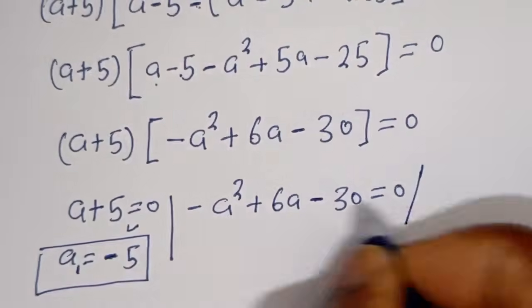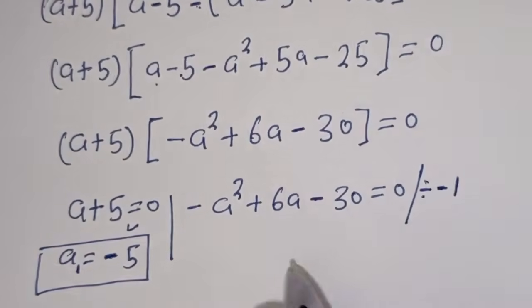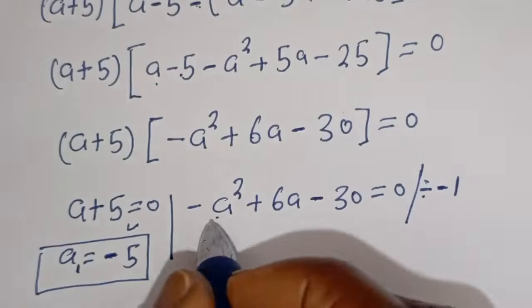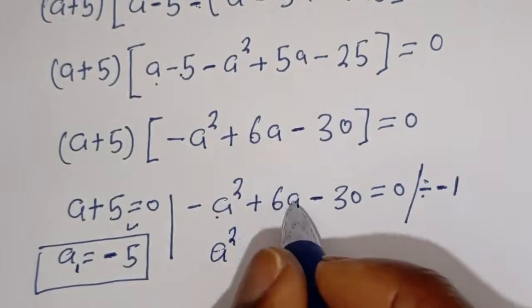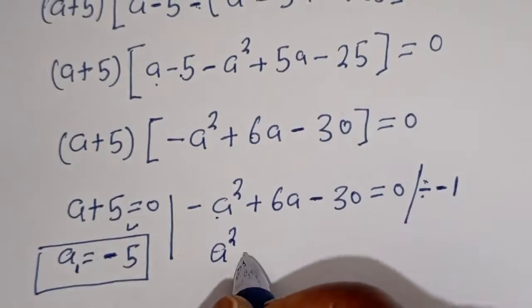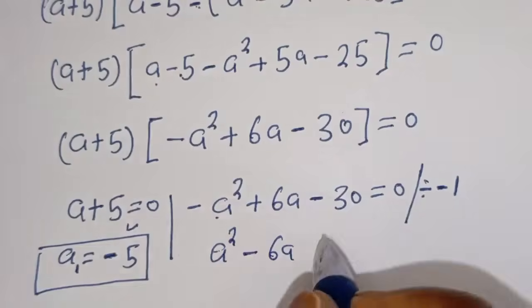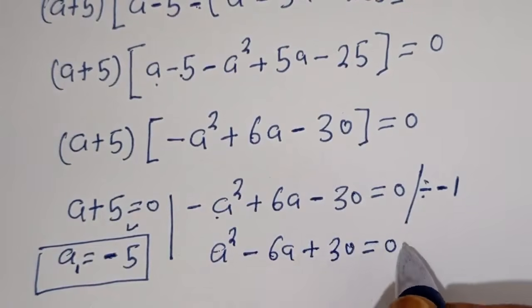We can divide all through by minus 1. Then if you divide by minus 1, minus a squared divided by minus 1 will give you a squared. Then plus 6a divided by minus 1 will give you minus 6a, and minus 30 divided by minus 1 will be plus 30 is equal to 0.